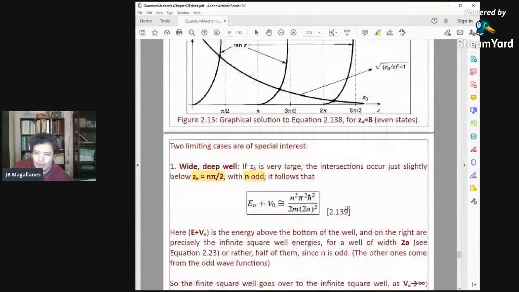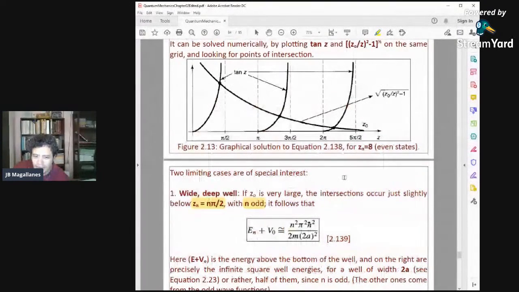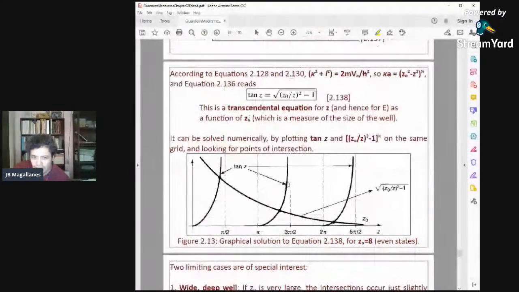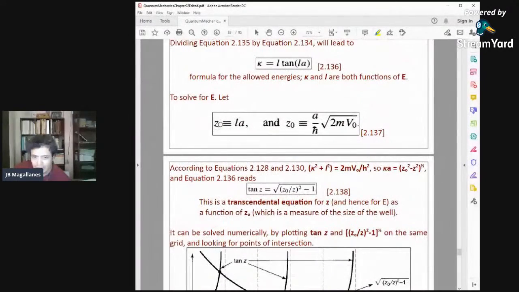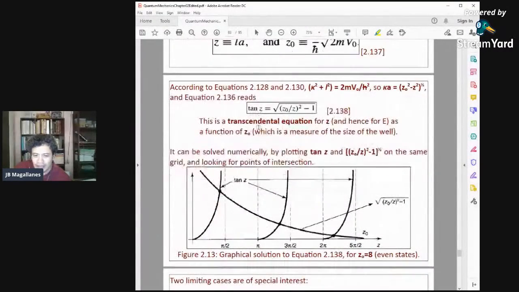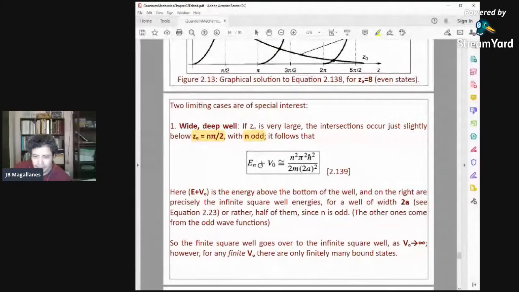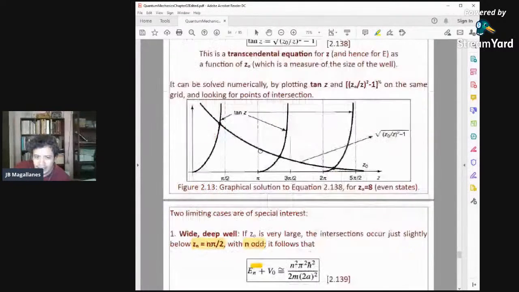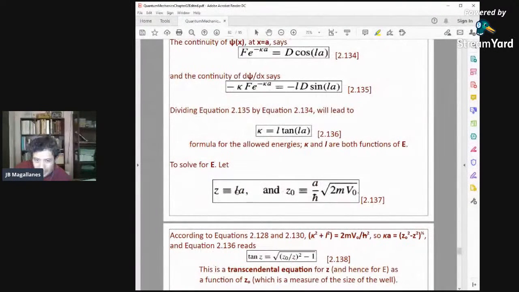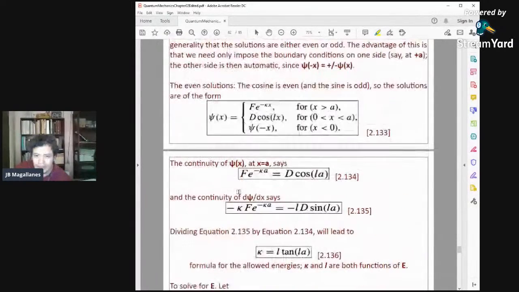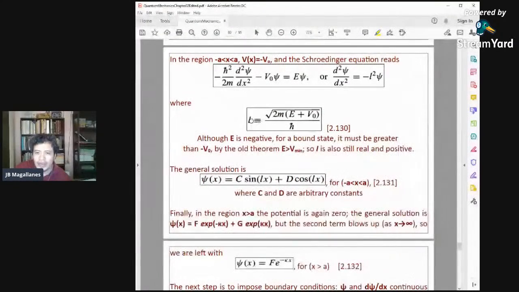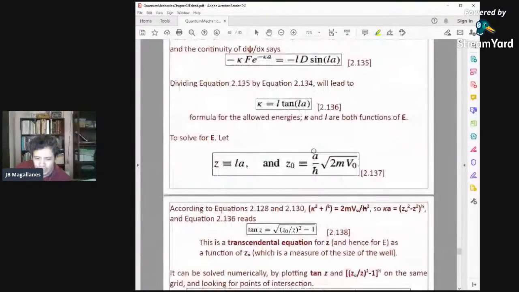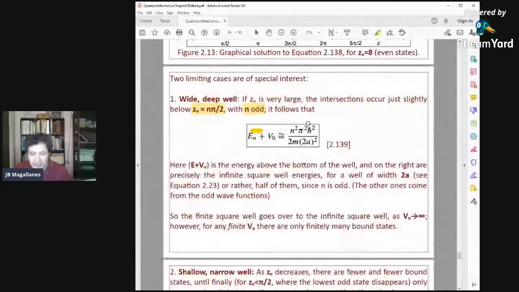So you will have Zn, Zn will have Ln, and Ln will have En here, so that your energy will be approximately this.